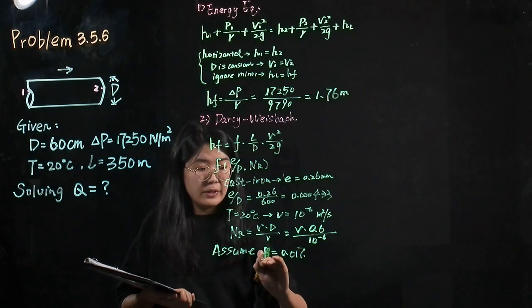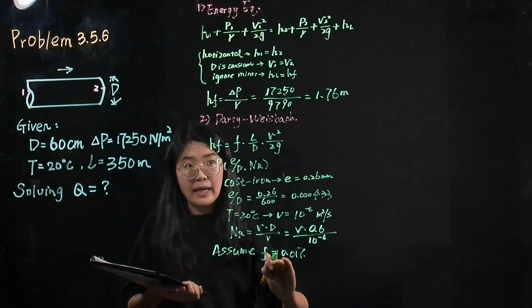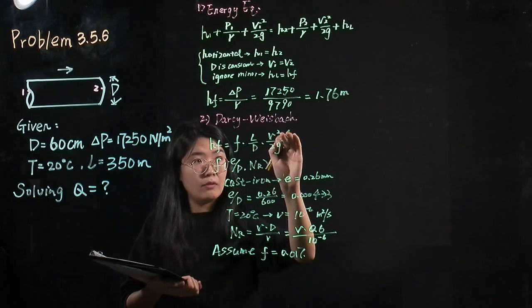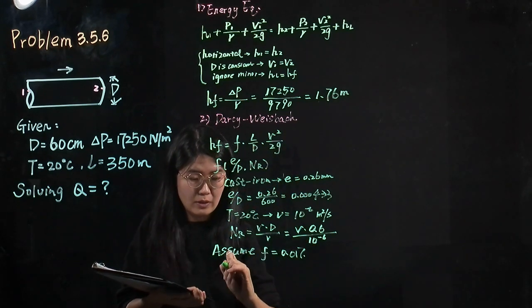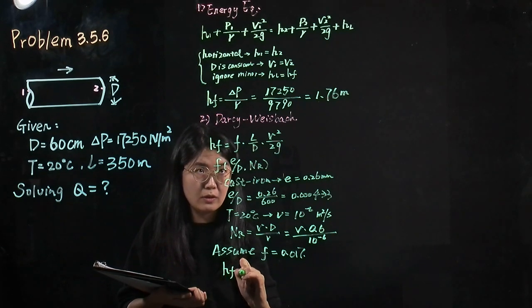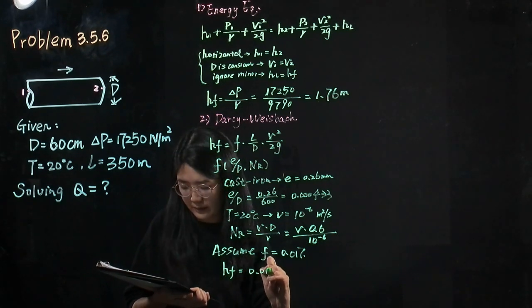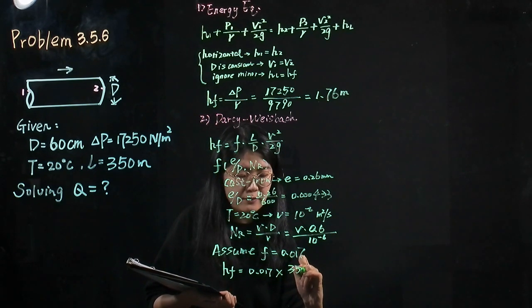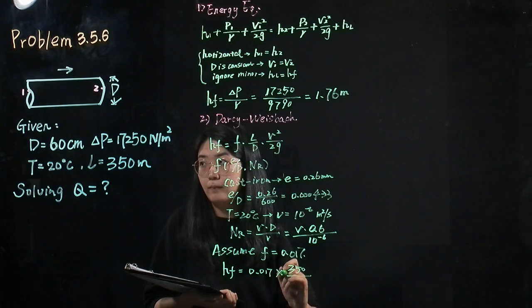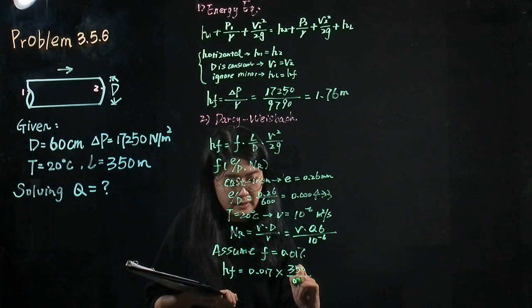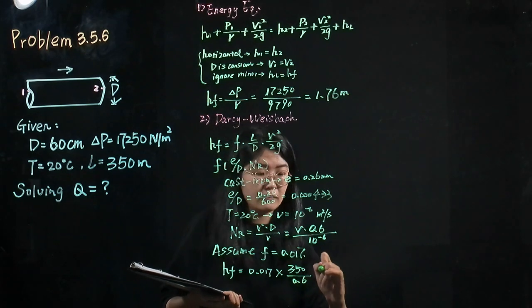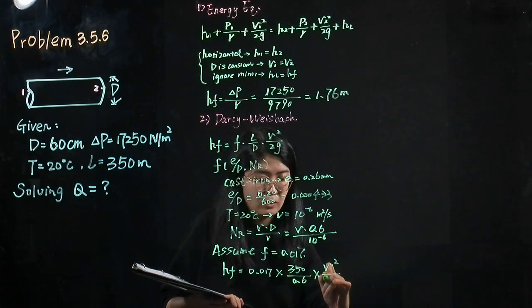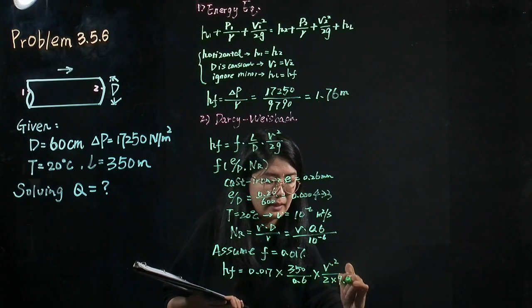Based on the friction factor, we can calculate the velocity here. So hf is equal to 0.017 times L, which is 350 meter, over 0.6, times V squared over 2 times 9.81.